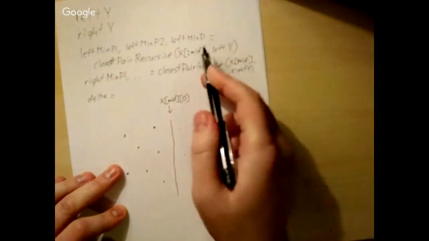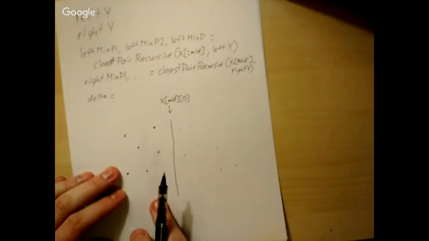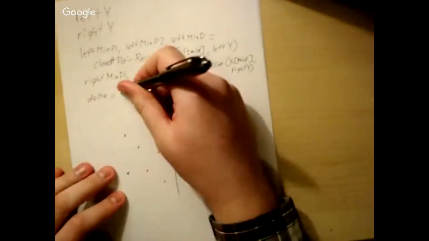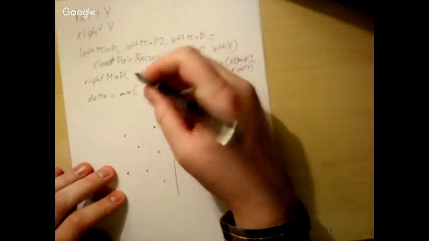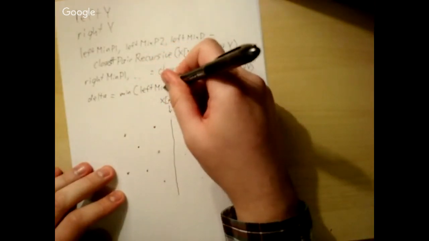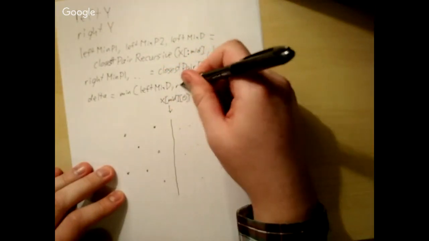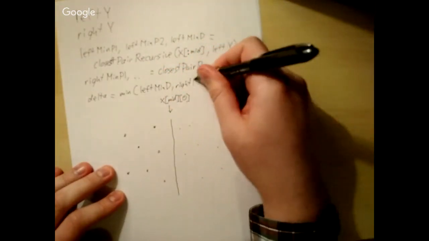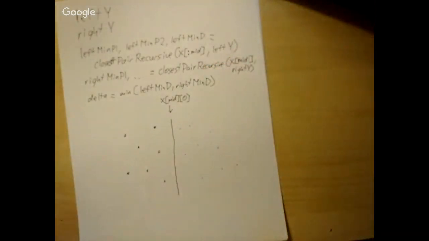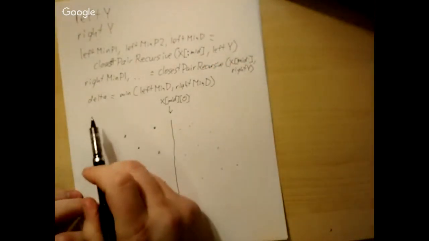We want the minimum distance of a pair of points that are both on one side or the other. So min of left min d and right min d. I'm going to call that delta.